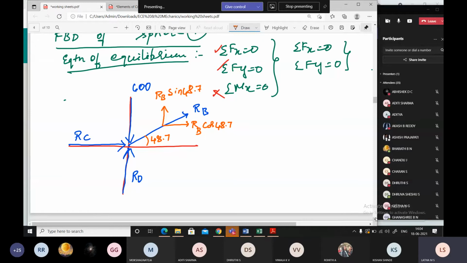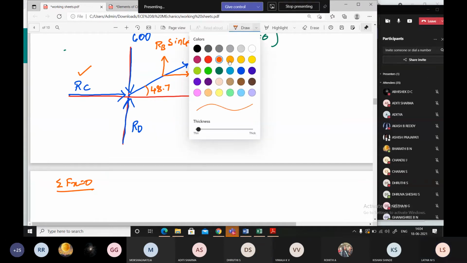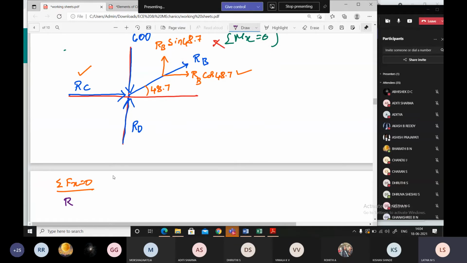Now, which equation will I use to start? Sigma Fx equal to 0. Now, what are the horizontal reactions you find? You find RC, then you find RB cos 48.7. Very correct. What is the sign rule?